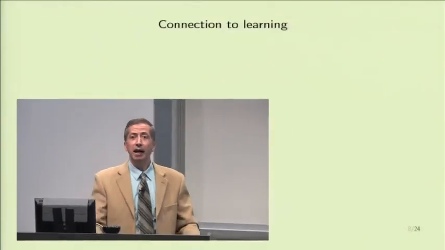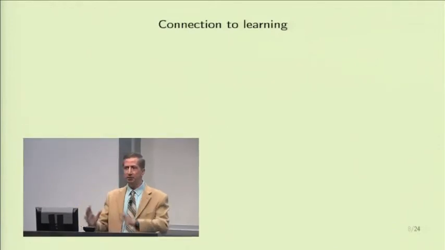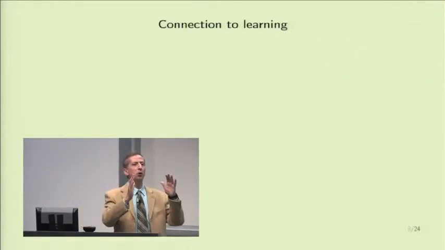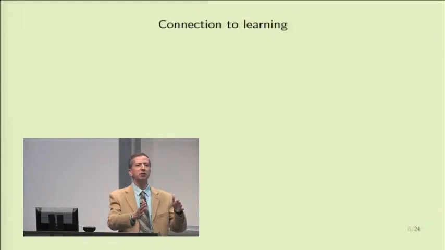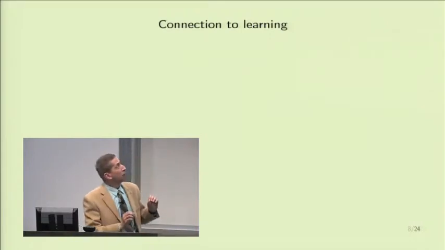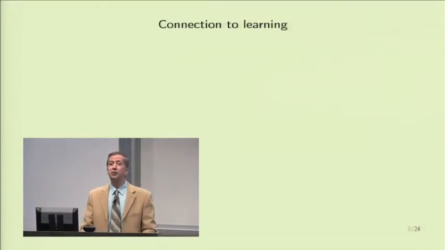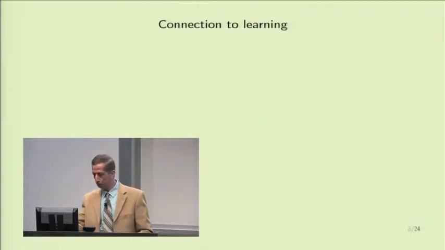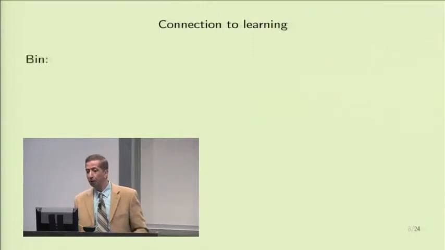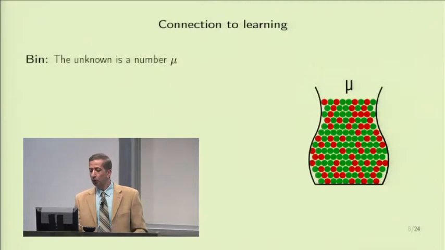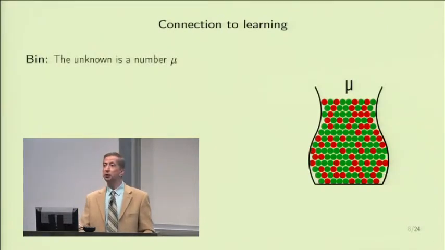Now, I think we understand what the bin situation is, and we know what the mathematical condition that corresponds to it is. What I'd like to do is connect that to the learning problem we have. In the case of a bin, the unknown quantity that we want to decipher is a number, mu, just unknown. What is the frequency inside the bin?